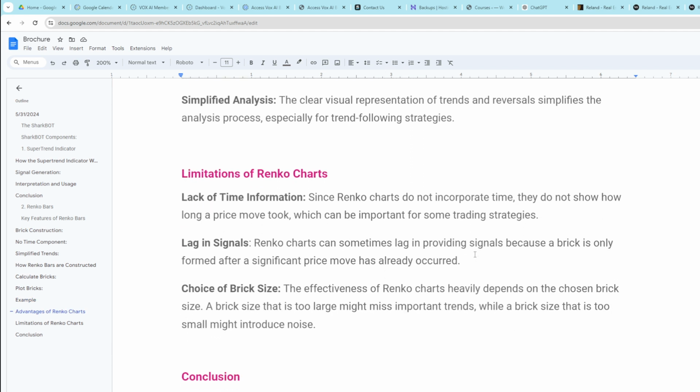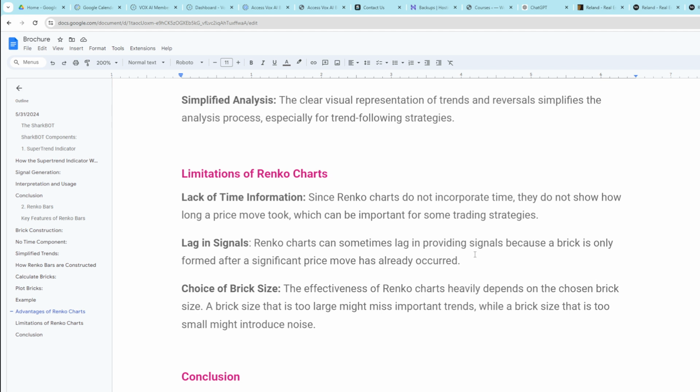Limitations of Renko bars. Lack of time information. Since Renko does not incorporate time, they do not show how long the price move took, which is very important for some trading strategies. And this particular strategy is not important. Lagging signals.